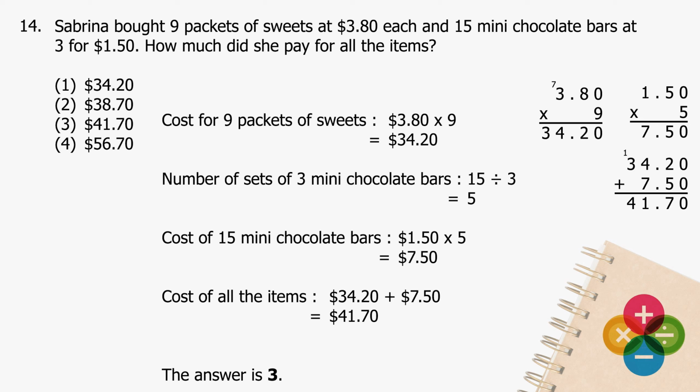The number of sets of 3 mini chocolate bars will be: divide 15 by 3, and the quotient is 5. The cost of 15 mini chocolate bars will be: multiply $1.50 by 5, and the product is $7.50. The cost of all the items will be: add $34.20 to $7.50, and the sum is $41.70. The answer is 3.